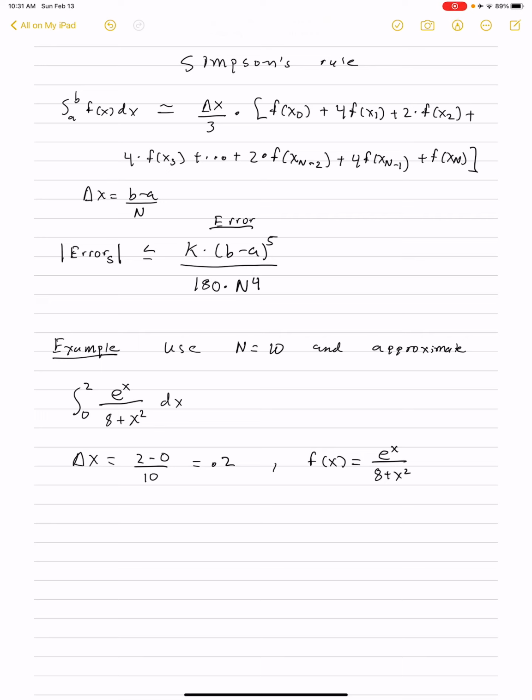At this point, we're going to proceed to calculate Simpson's rule. Okay.